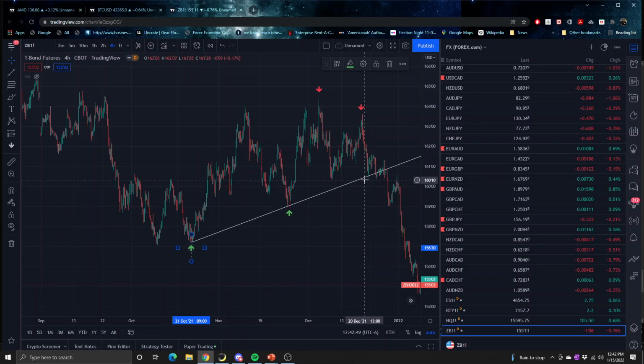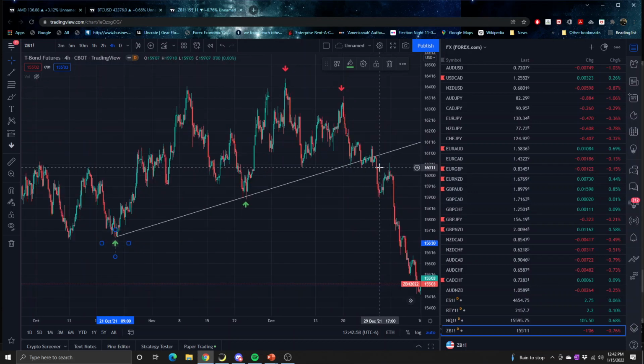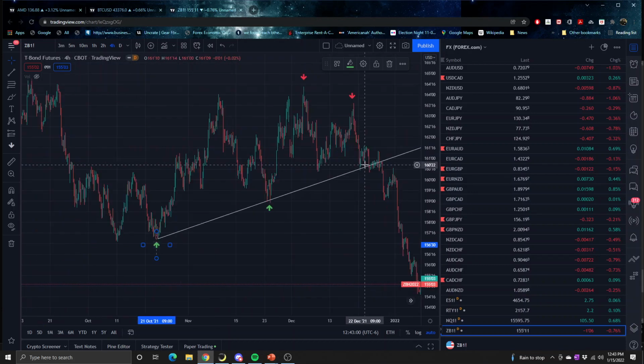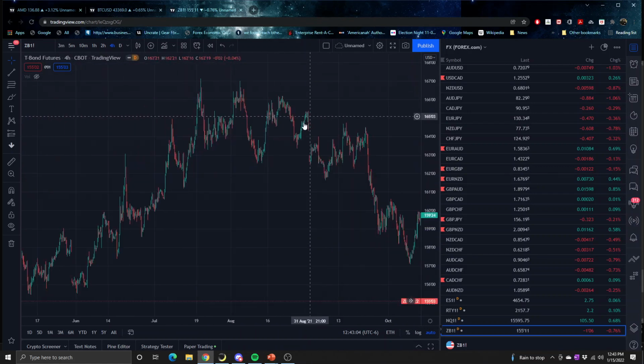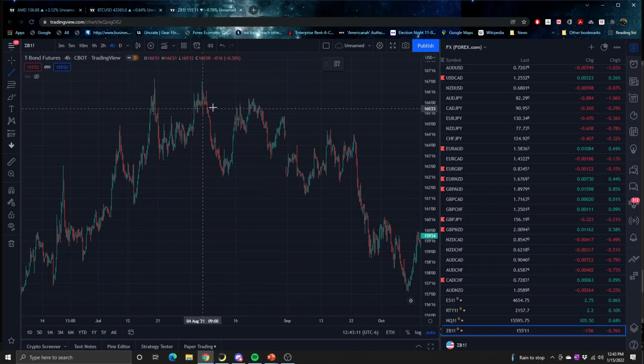This was not a strong trend, but there are opportunities to buy, to actually play into this to make a profit instead of just buying when the trend line hits.